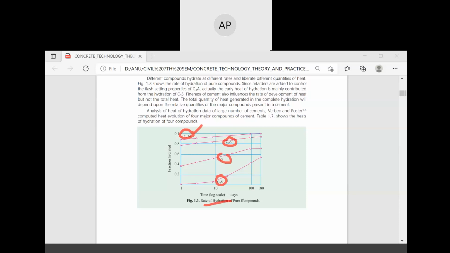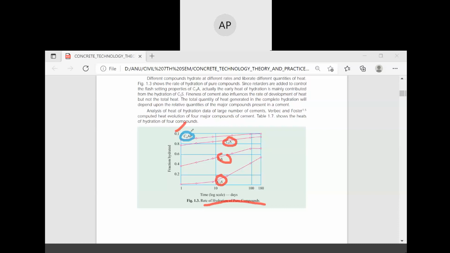So, rate of hydration of pure compounds. The most heat is liberated due to which compound? C4AF. What is C4AF? It is tetracalcium aluminoferrate.